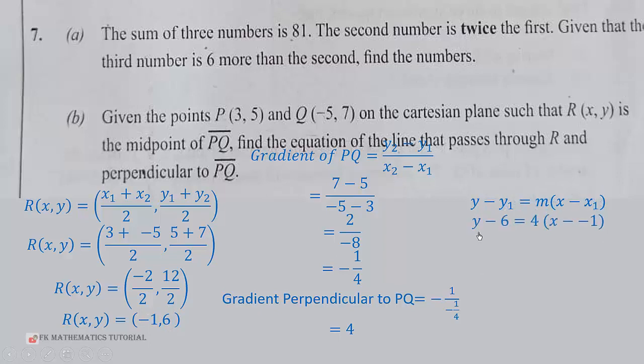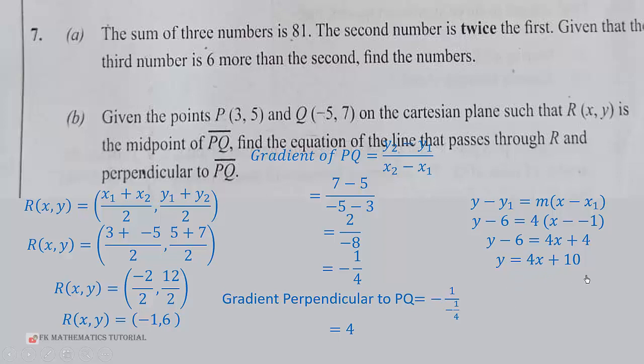That will give you y minus 6 is equal to 4 into bracket x minus negative 1. When you expand this, the negative becomes positive. So we get y minus 6 equal 4x plus 4. So we send the negative 6 over to become y equal 4x plus 10. Now that is the equation of the line.